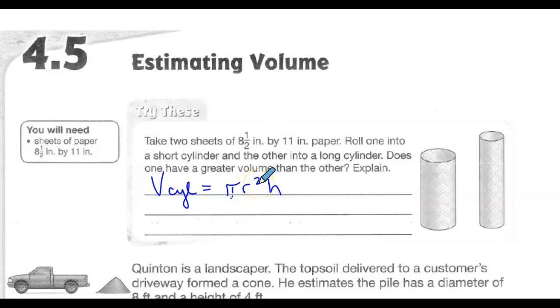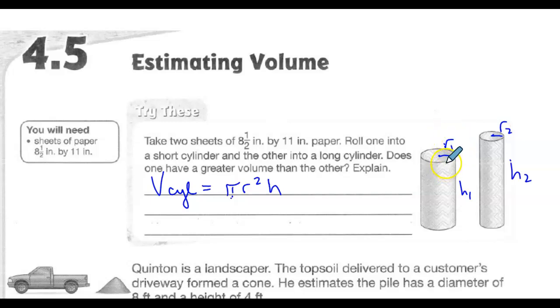So the bigger the radius we get, the bigger the volume. Now, obviously, the height will be shorter for one than the other. This is a smaller value here, height 1, and this is height 2. But then this radius is R2, this is R1, and this one is larger.